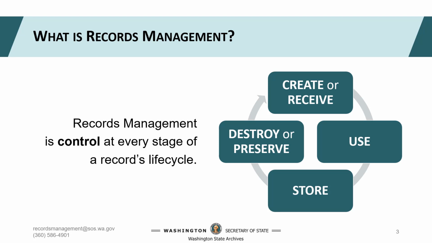Records management is all about control. It allows you and I to be compliant, efficient, and transparent at every stage of a record's life cycle. The life cycle of a record begins when it is created or received.